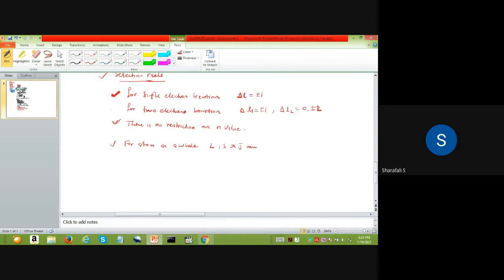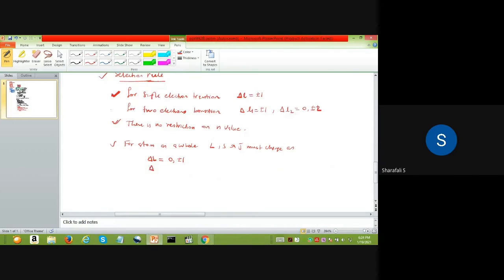J must change, as in this particular case delta L, capital L. So delta capital L, we have to consider for the whole atom. Then all the L1 plus L2 values will come. So capital delta L, that is changing that capital value of L, should be 0 plus or minus 1.